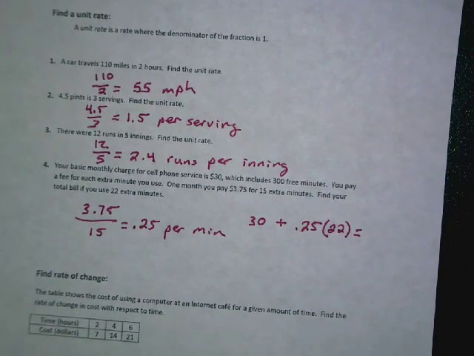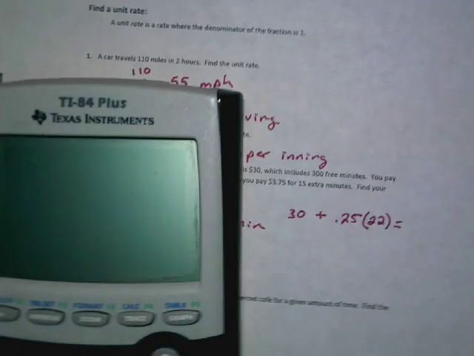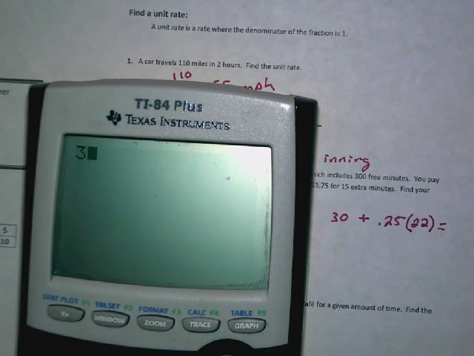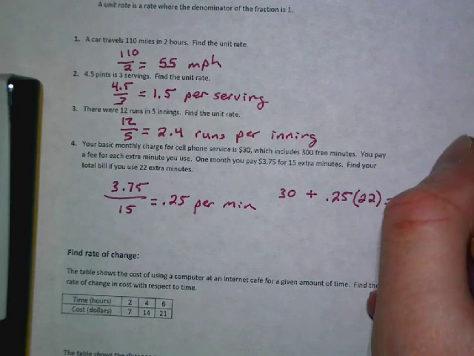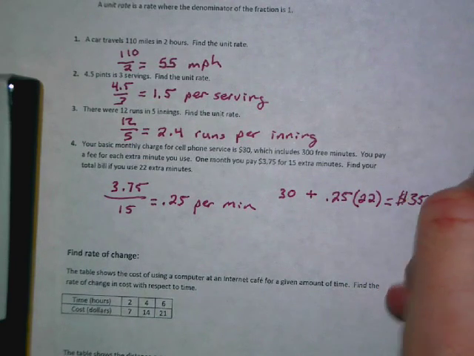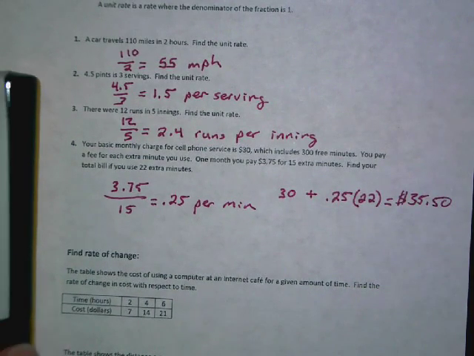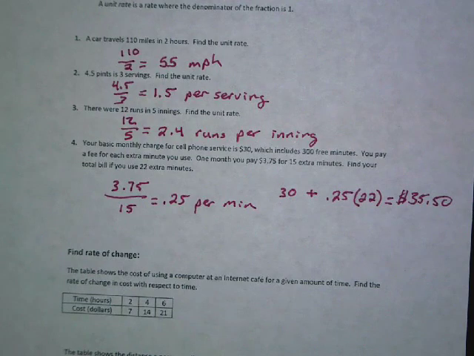So if we can just type that into our calculator, 30 plus 0.25 times 22. And you get a bill of $35.50. Okay, so that is unit rate.